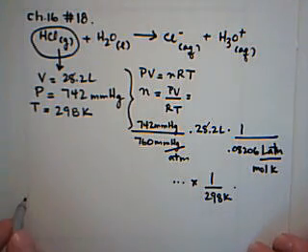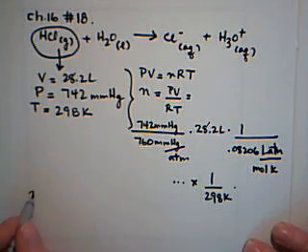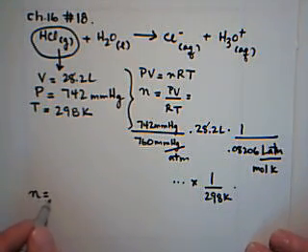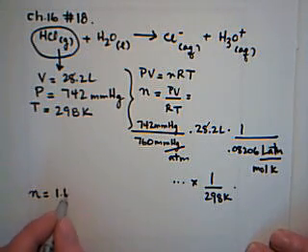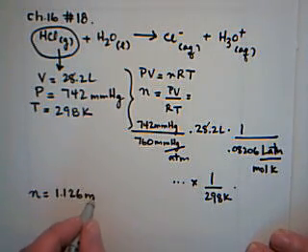Okay, let's multiply that through, and we will get an answer for the number of moles of HCl, 1.126.